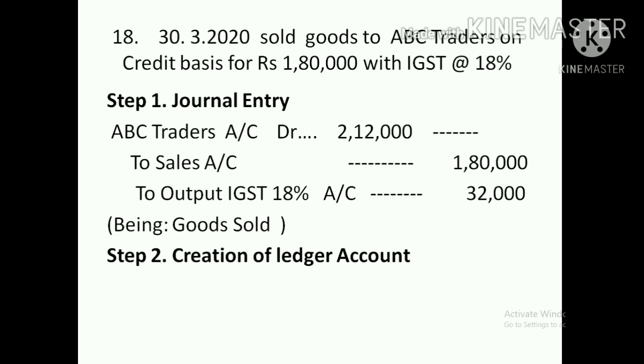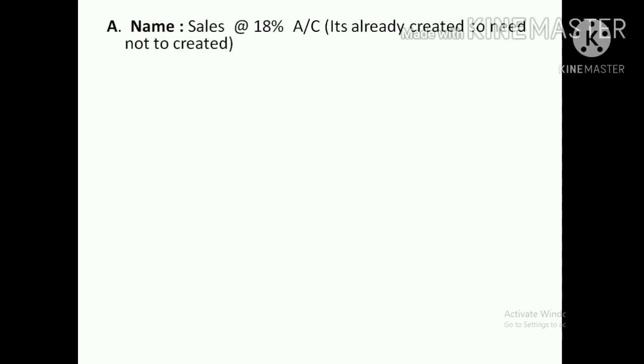Next, ledger creation. Here we have to create ABC Traders, sales at 18%, and output IGST at 18%. As I told you, in the previous transaction we already created the sales at 18% account, so there is no need to create it again. I am showing it for example, it comes under sales, but it is already created.